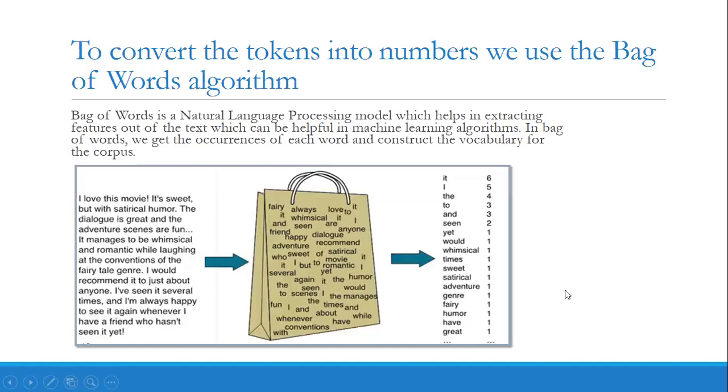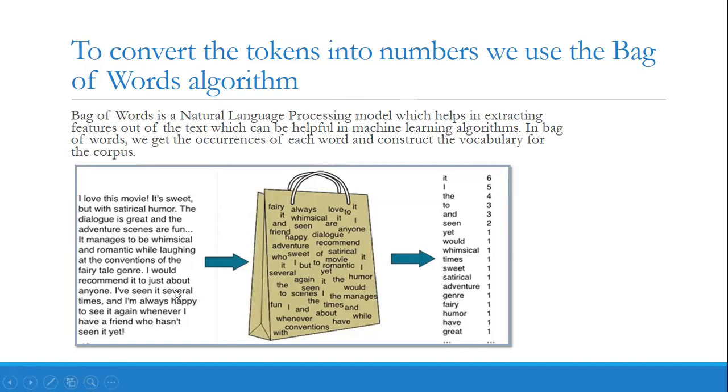Now, to convert the tokens into numbers, we use the bag of words algorithm. So now we have got these tokens, and these tokens are to be converted into numbers. For this purpose, we will use the bag of words algorithm.